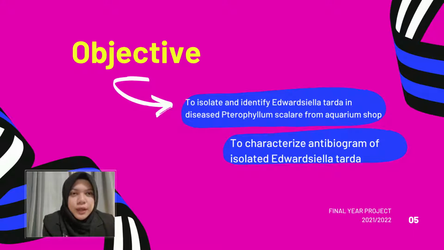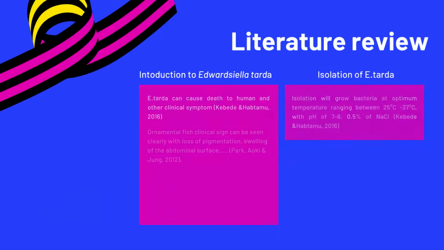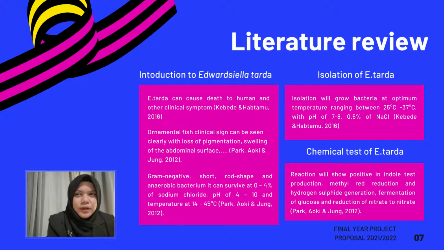from diseased angelfish. Edwardsiella tarda is frequently found in polluted water with poor water quality and affects fish stressed by these situations, where the clinical signs can be seen clearly with loss of pigmentation, swelling of the abdominal surface, and also hemorrhage in the fin and skin with opacity of the eyes and rectal hernia.